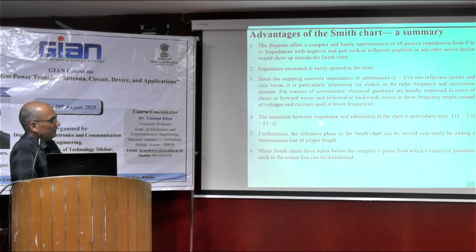The transition between impedance and admittance in the chart is easy to represent in this way. Reference planes in the Smith chart can be moved very easily by adding a transmission line of proper length.